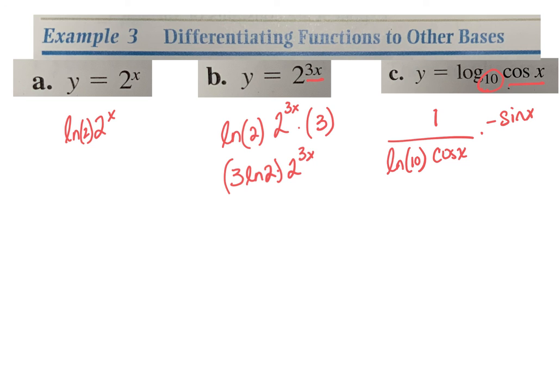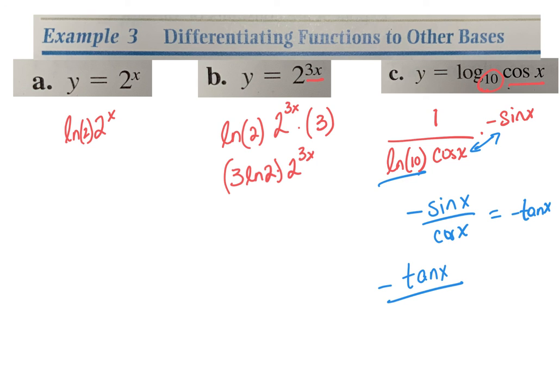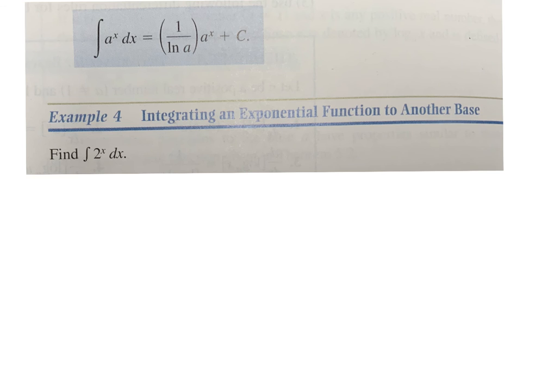For this one, you want to simplify it a little bit more. Sine x over cosine x, right? So these two simplify to negative tangent, right? So you end up with the negative tangent of x over that natural log of 10. See? So it's very, very simple in executing it.